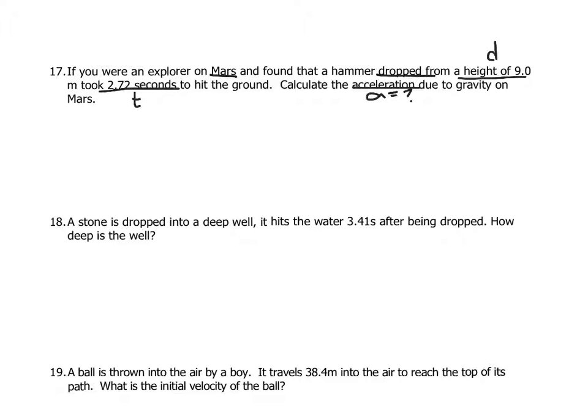Remember, anytime something is dropped, its initial velocity is 0. So I've got VI, A, D, and T. My equation is D equals VI T plus 1/2 AT squared.